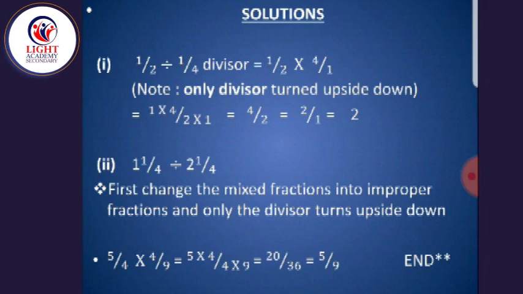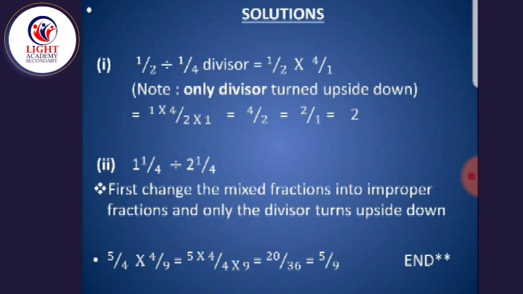So let's proceed and look at Roman 2, which is 1 whole number, a quarter, divided by 2 whole numbers and a quarter. We are going to be dealing with mixed fractions. Therefore, the first thing is to change the mixed fractions into improper fractions. After that, as usual, we get the reciprocal of the divisor fraction, which in this case is 4 out of 9.